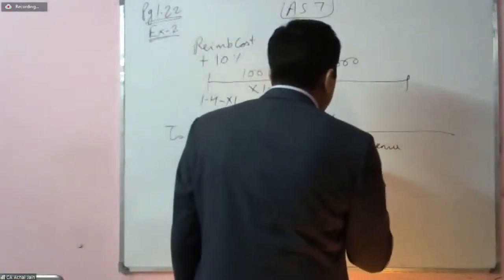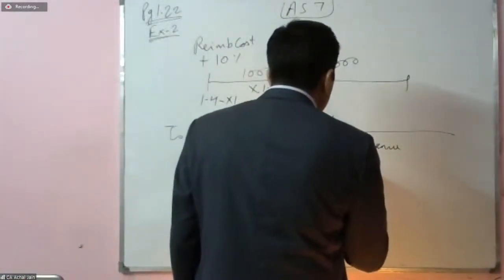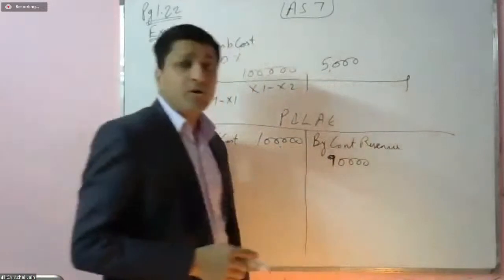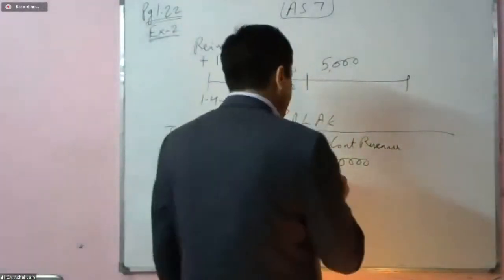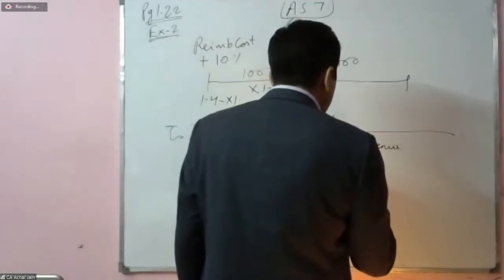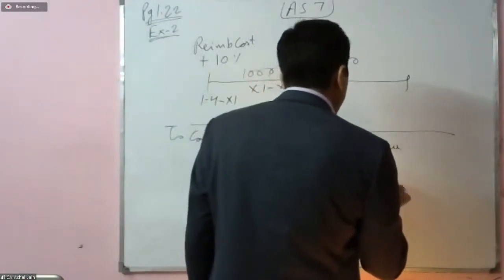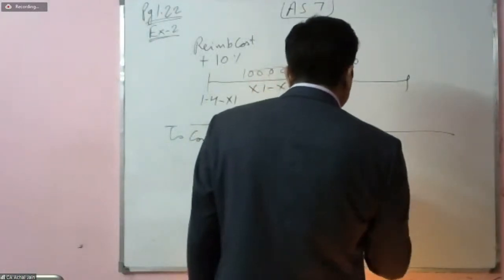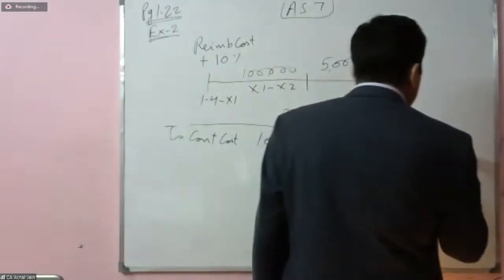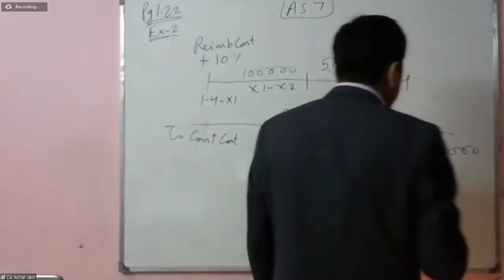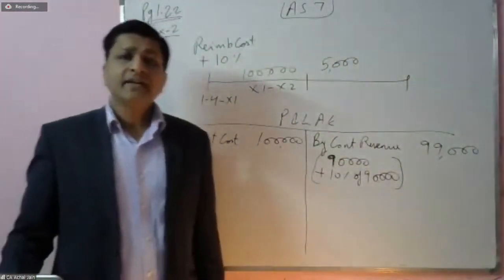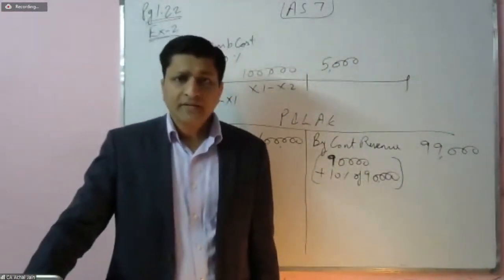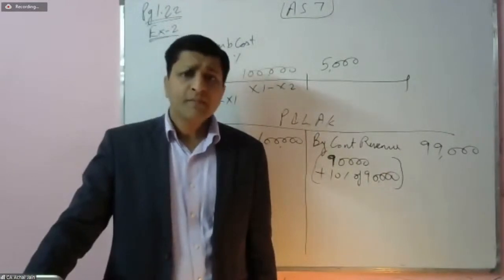So 90,000 becomes the amount on which markup will also be available, plus 10% of 90,000. So this becomes 99,000. Correct?